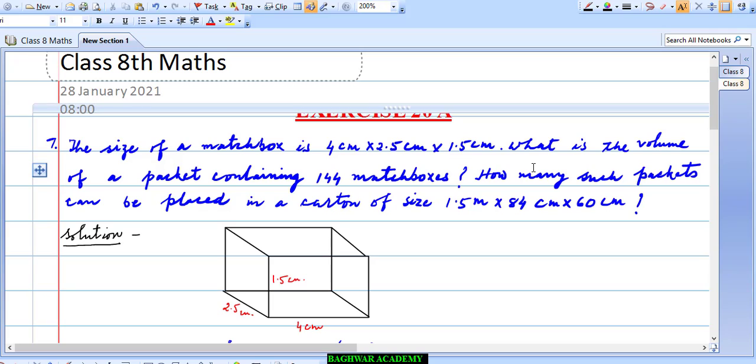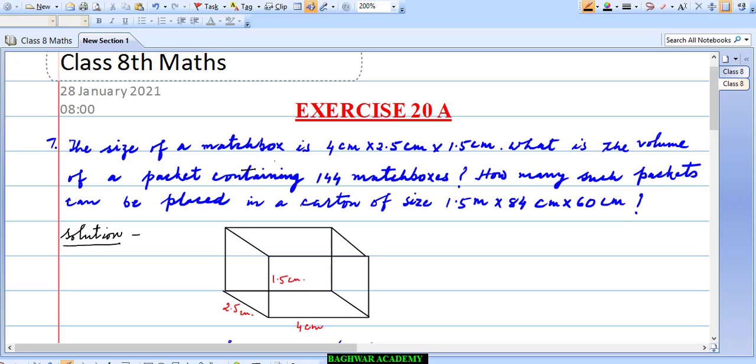What is the volume of a packet containing 144 such matchboxes? Then, how many such packets can be placed in a carton of size 1.5 meter into 84 centimeter into 60 centimeter?